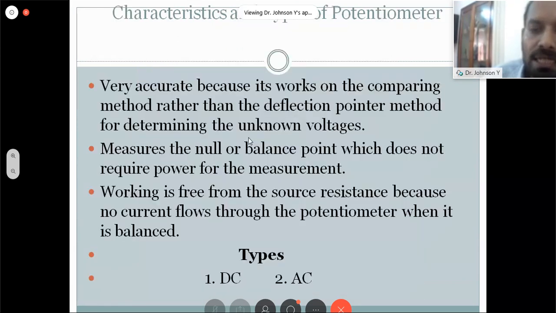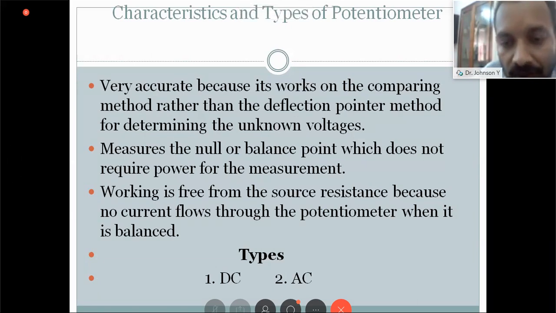It's very accurate because it works on the comparing method rather than the deflection pointer method for determining the unknown voltage. In the deflection pointer method, it involves a lot of power loss and accuracy is low as compared to the comparison method.